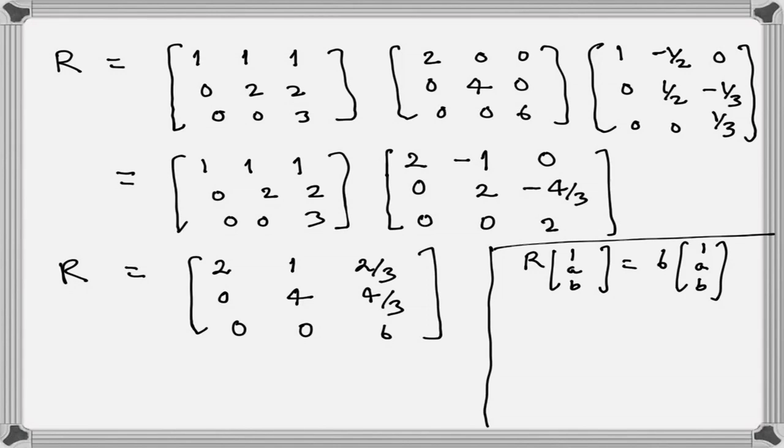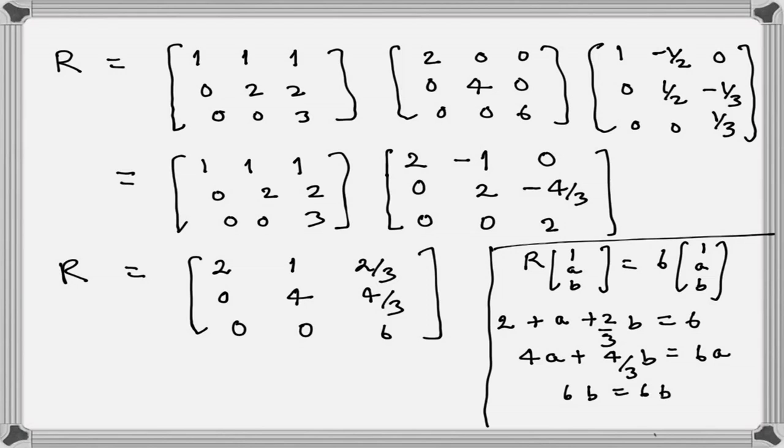So if you multiply R with (1, a, b), you get 2 plus a plus 2/3 b equals 6, 4a plus 4/3 b equals 6a, and 6b equals 6b.